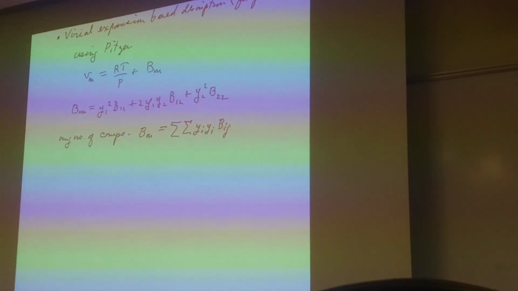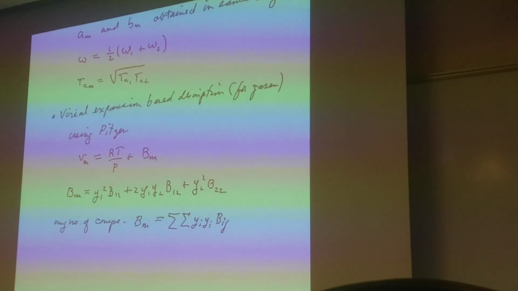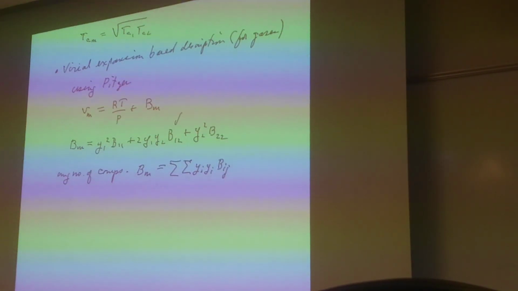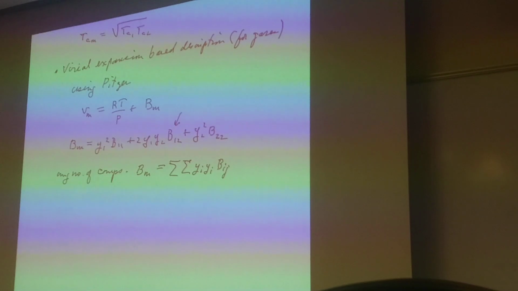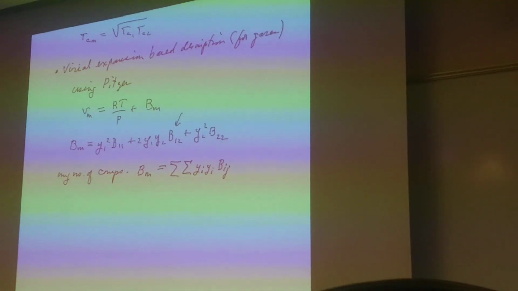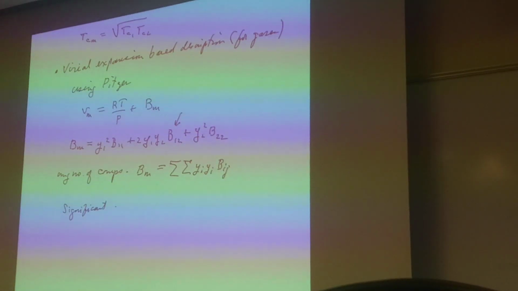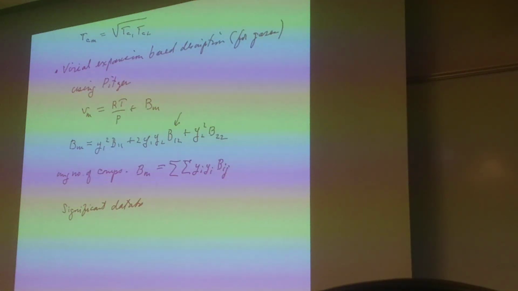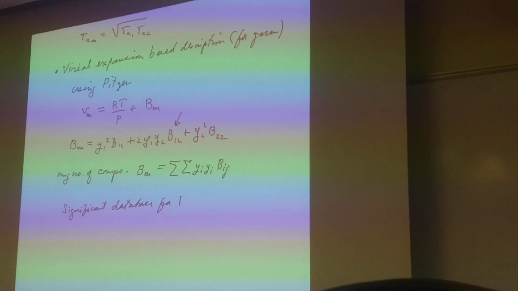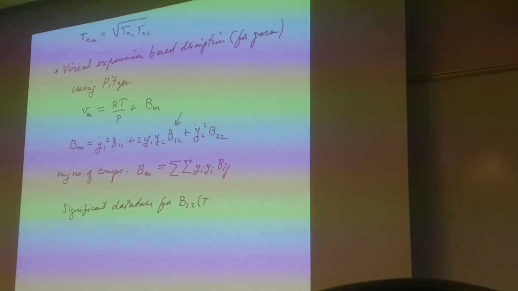All right, so if I write this out, it calls for a cross virial coefficient. There's a significant database for B12 as a function of T for a number of small gas-type pairs, and that can be found in the literature.